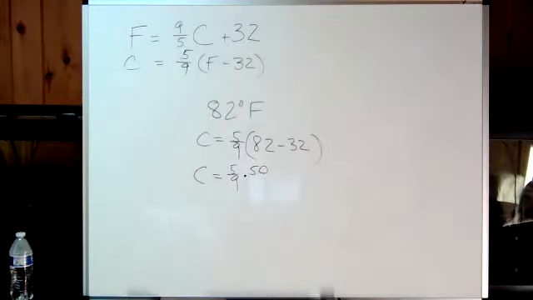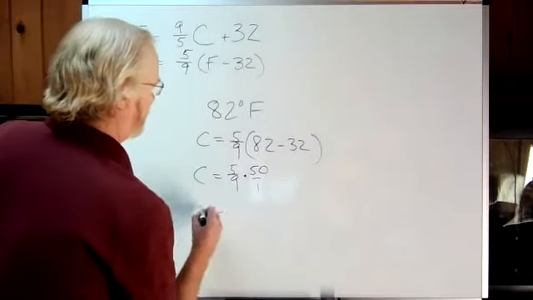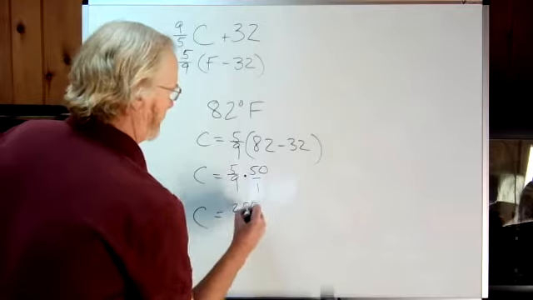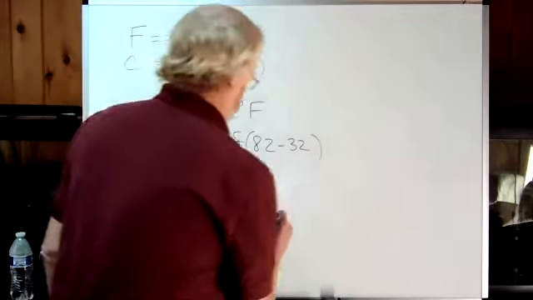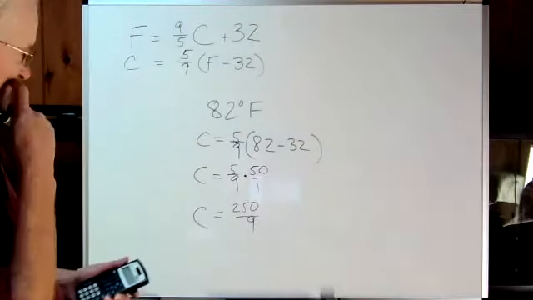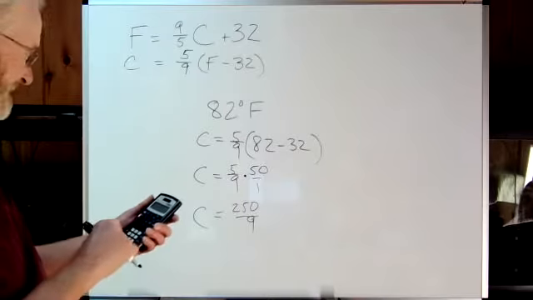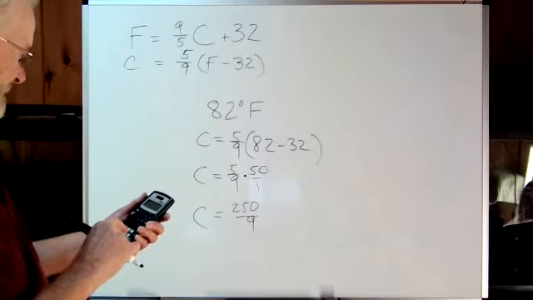Well, it'll be a kind of messy fraction. That's going to be 250 divided by 9. And we could use our calculator to come up with an approximate. Did I do that right? Oh, yeah. Okay.